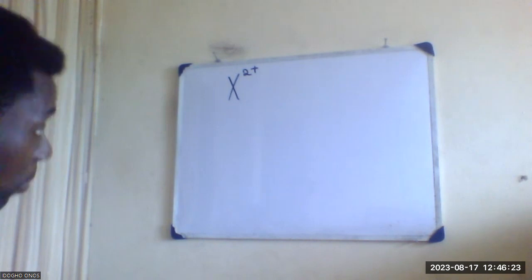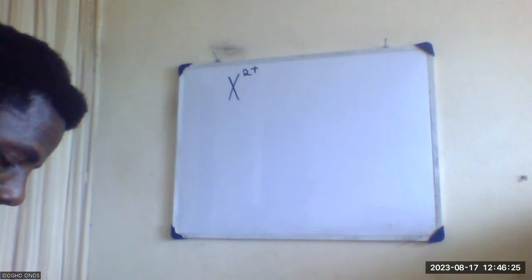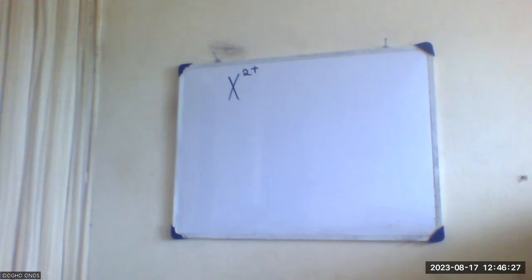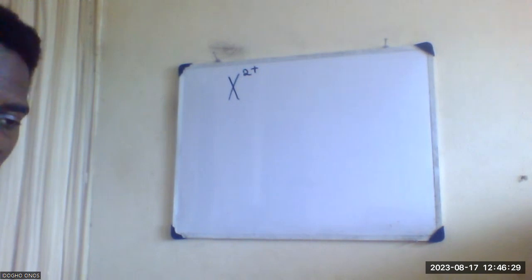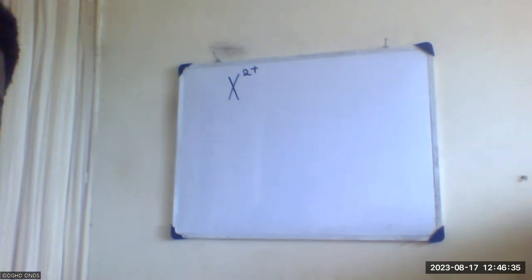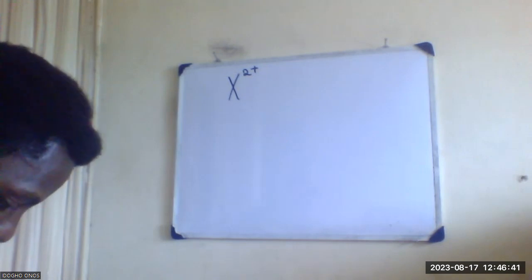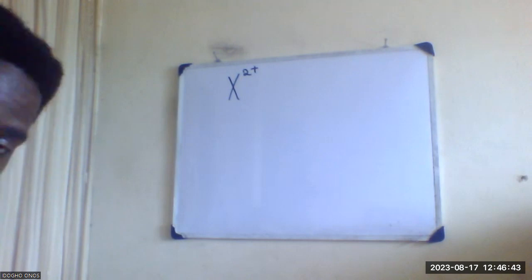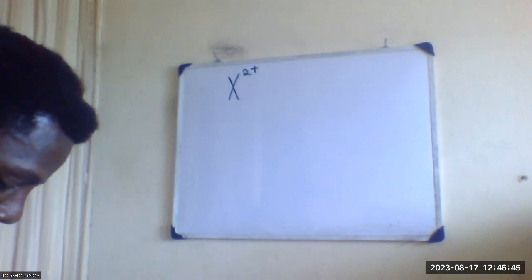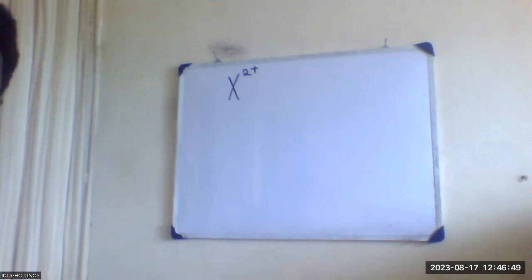Okay, this one is still not it. Is it 20? Now let me give you the options so you know whether you're right. 20, 18, 16, and 2. So what's the answer?